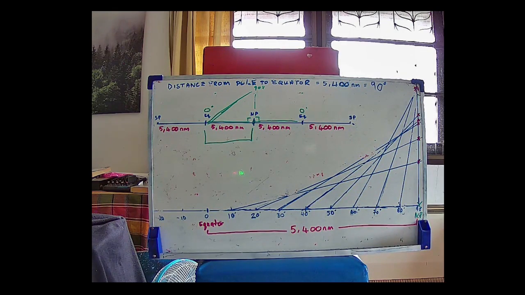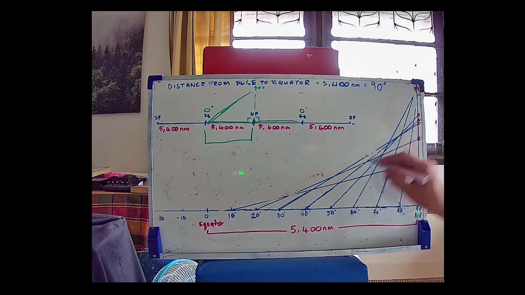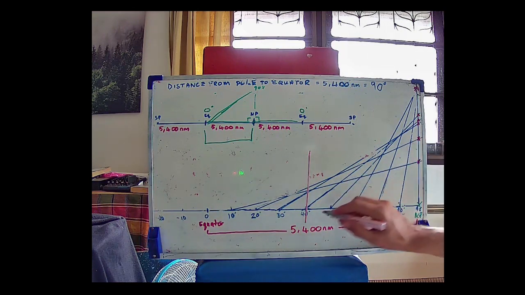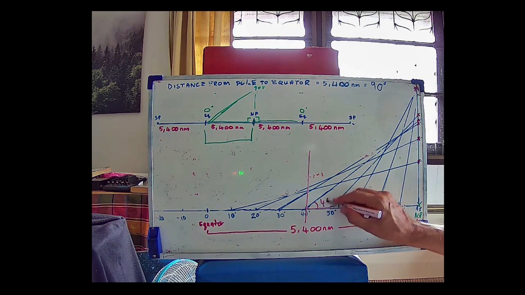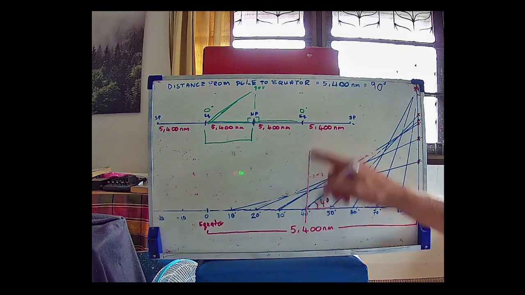So when you're actually navigating, what happens is, let's just go for this one for example, say you've measured your angle to Polaris as being 40 degrees. What that means is that angle there, and then you look at what's left to get to your 90.